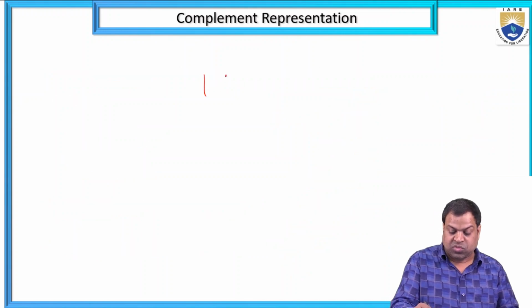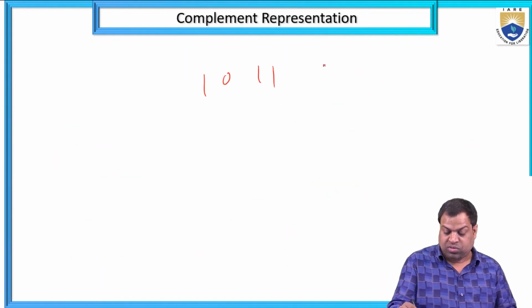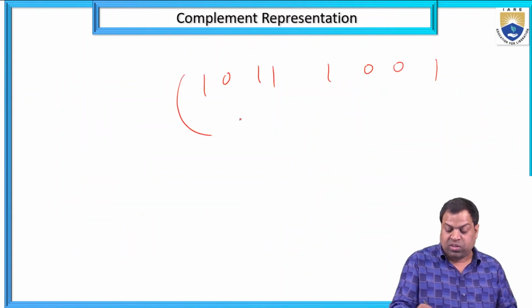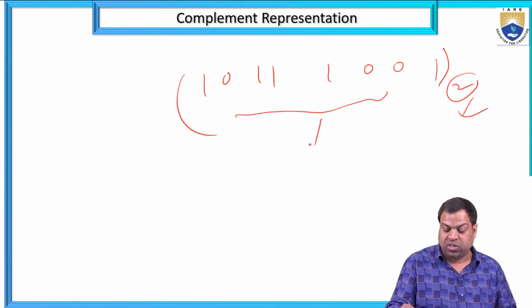Another one: find the 1's complement of 10111001 base 2. Base 2 means when the number is binary, only then is it possible to perform 1's complement.